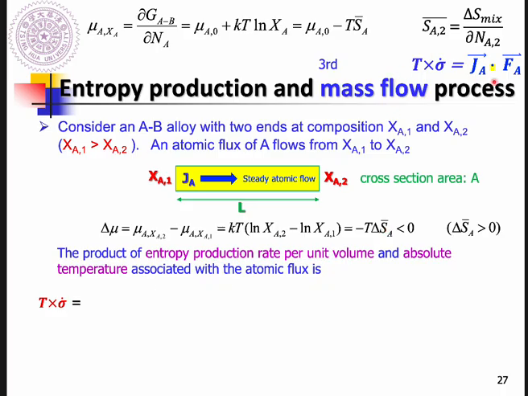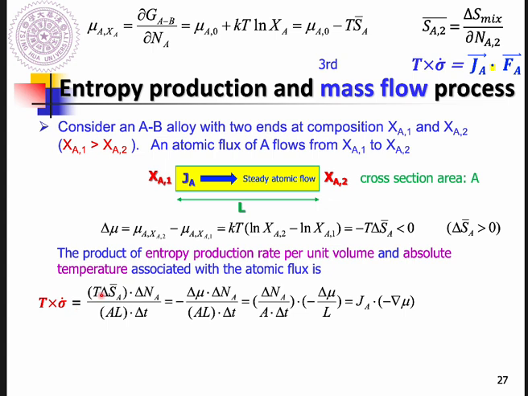To show this is correct, I write down the absolute temperature times sigma dot equals T delta SA bar, which is per unit number. I have no idea how many A atoms there are, so I need delta NA. So T times sigma dot is the total entropy change rate per volume.